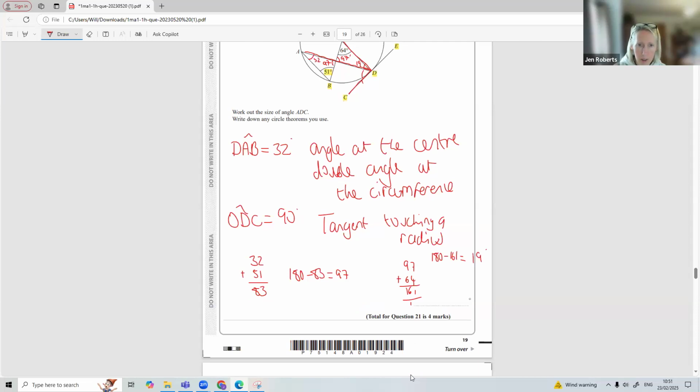And then we decided this was a right angle, didn't we? So 90 take away 19 gives you 61. No, it doesn't. It gives you 71. Okay, so just make sure you learn your circle theorems for that, please.